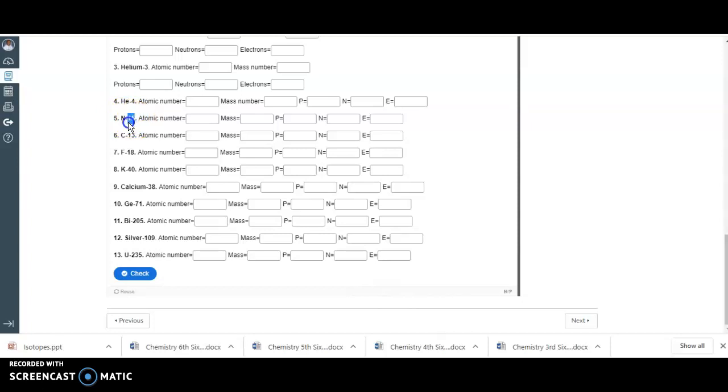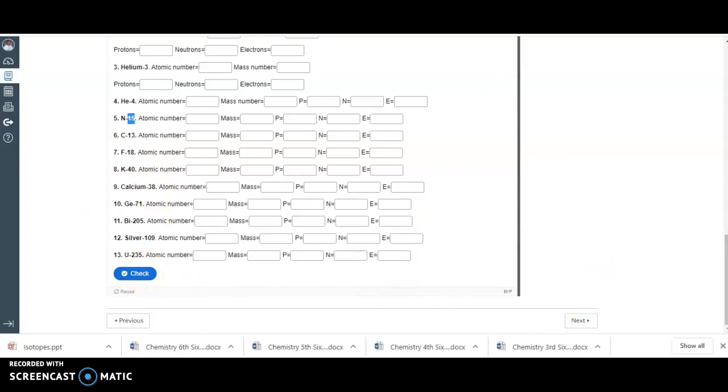So this is the mass number you're going to use. You're not going to use the mass number in the periodic table. So use the mass number of the isotopes that is indicated in this activity. Alright? But the atomic number is the same as the one you have in the periodic table.